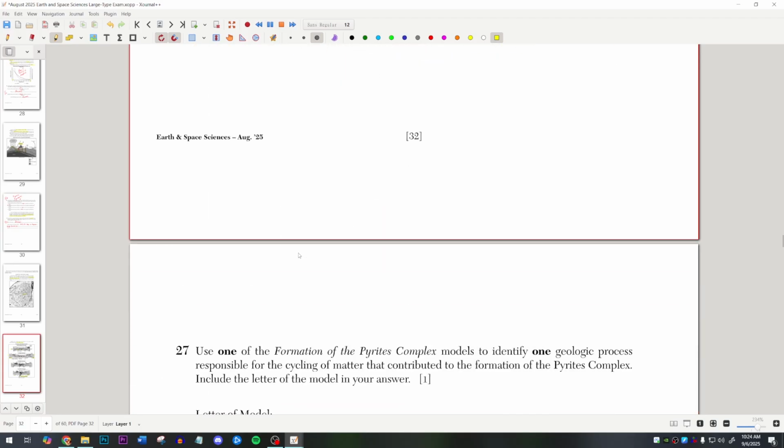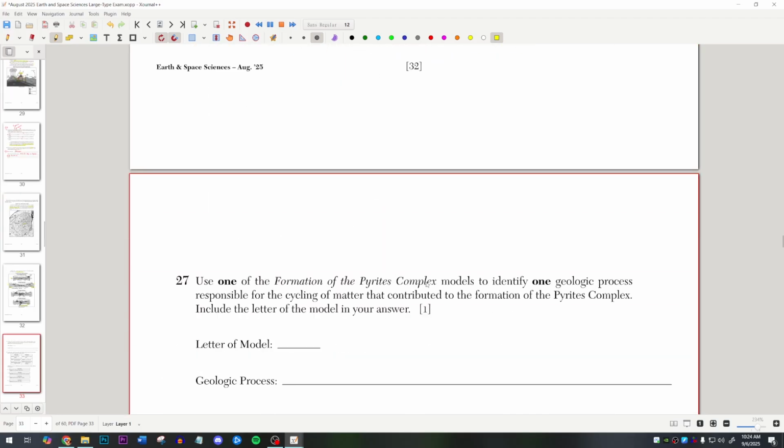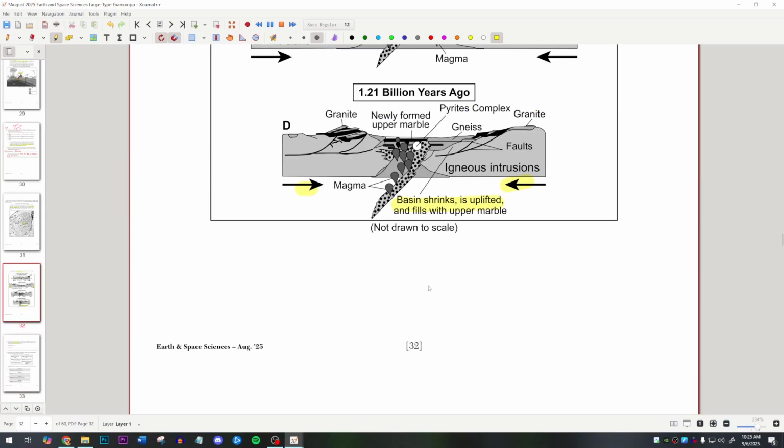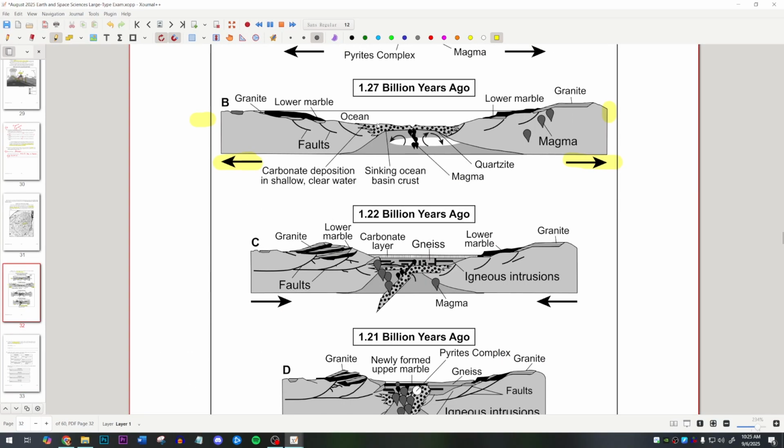Okay, let's see what it wants to know. Use one of the formation of pyrites models to identify one geologic process responsible for the cycling of matter that contributed to the formation of the complex. Cycling of matter. Okay, so the arrows, that's the cycling of matter.